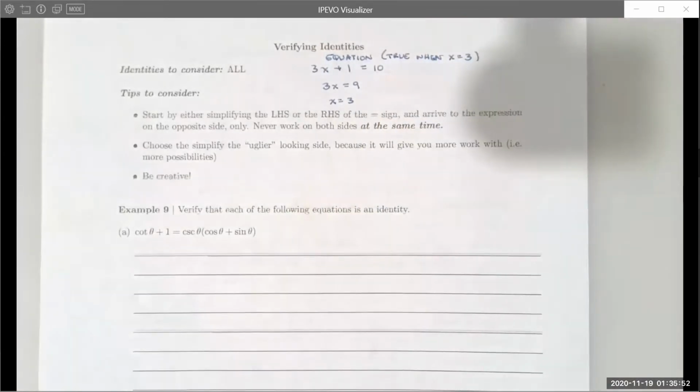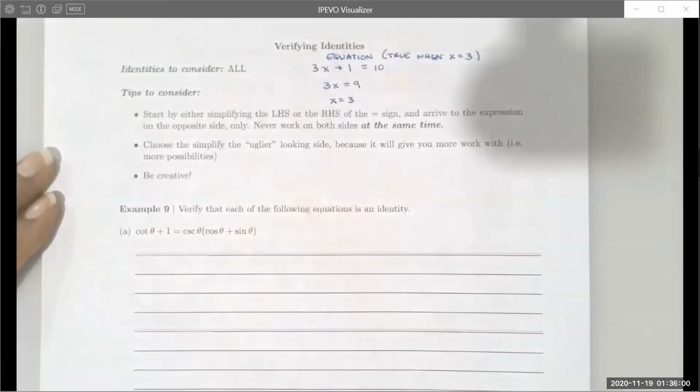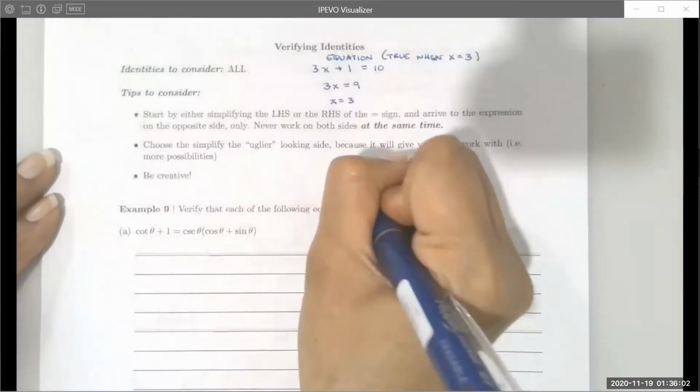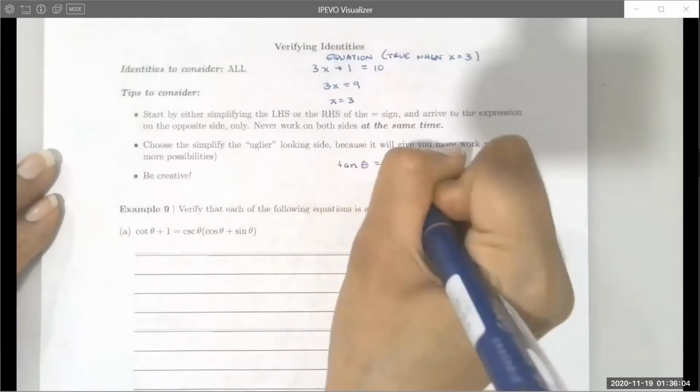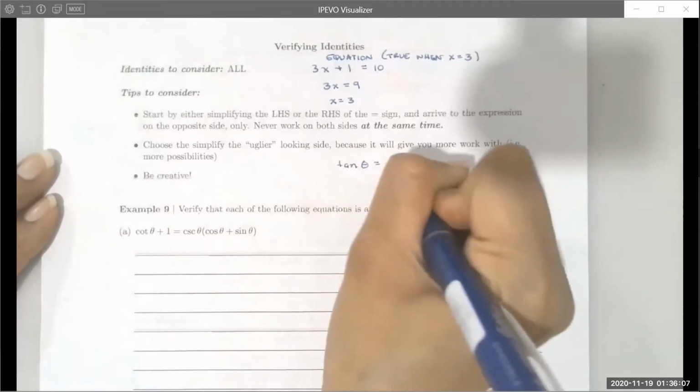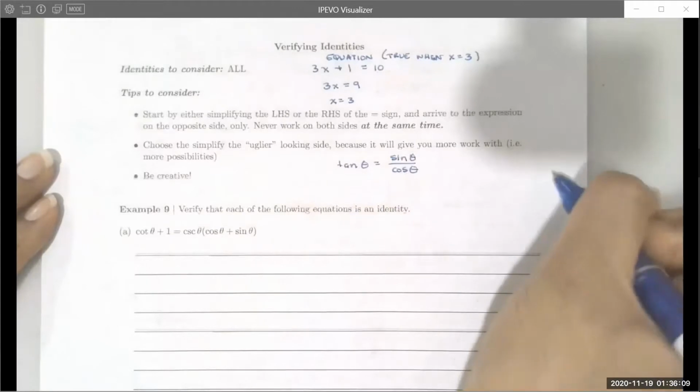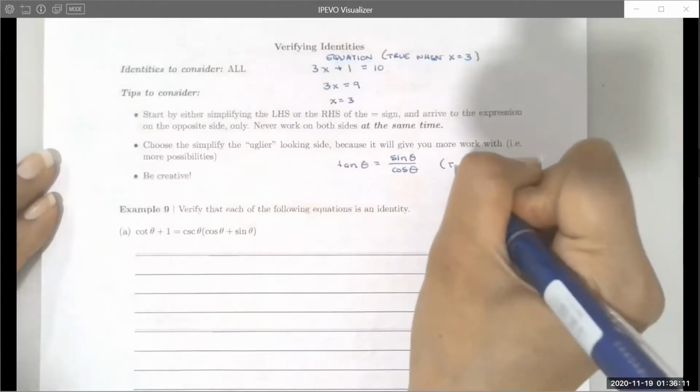An identity is an expression that is true regardless of what values you put in there. So for example, if we take tangent of theta is equal to sine theta over cosine theta, this is true for any theta value.